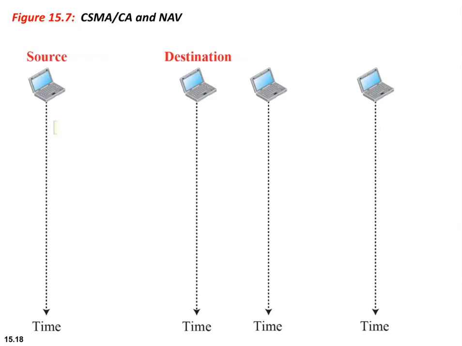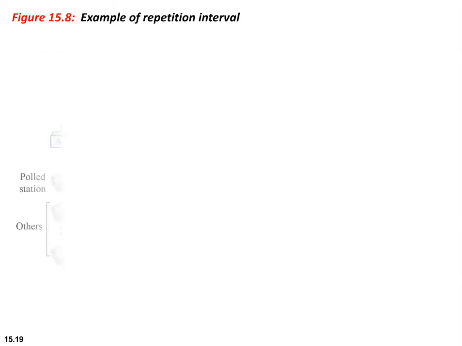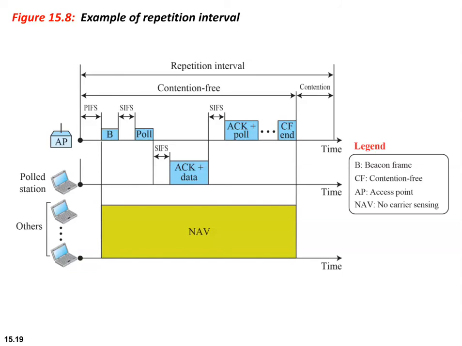So due to the priority of PCF over DCF, the stations that use only DCF may not gain access to the medium, because PCF is given a higher priority.